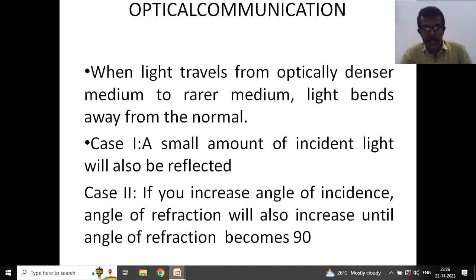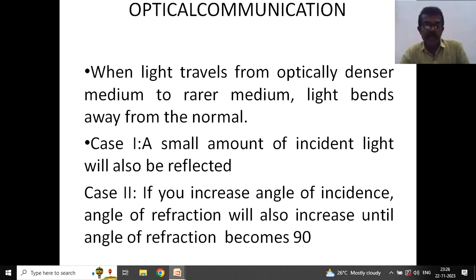So here we are discussing the total internal reflection phenomenon with the help of three cases. Case one: you are giving an incident light. That light will be refracted at the boundary region.